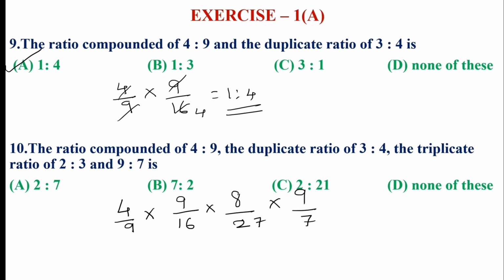What is the answer? 9 9 get cancelled. 4 4s are, 4 2s are, 9 3s are. So the answer is 2 is to 21. Option C is the correct answer.